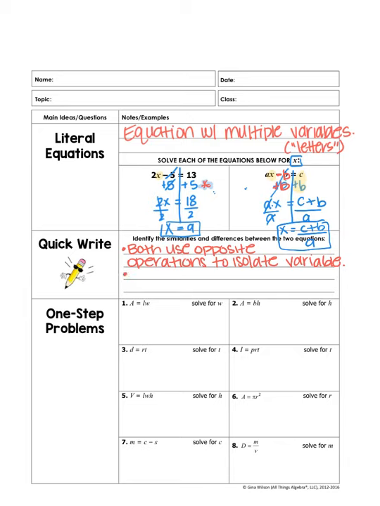The next thing is a difference. The literal equation, which is the one with the letters, think literal letters, they both start with L, does not simplify nicely.